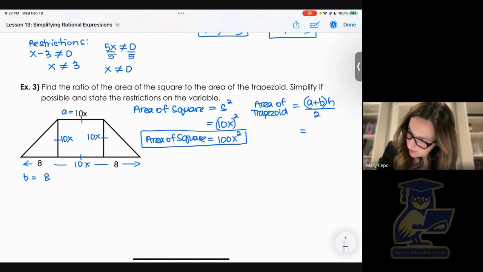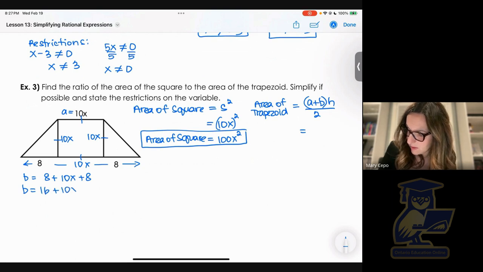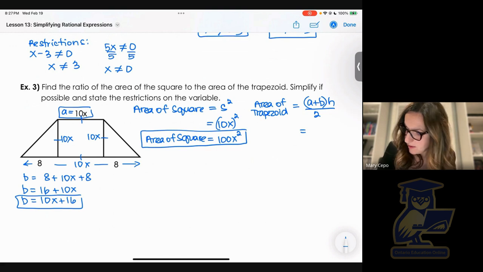So it would be 8 plus 10x plus 8. So b is going to equal 16 plus 10x, or I can say 10x plus 16. a we know is 10x. And then the height, which is again the height of the square, is also 10x.